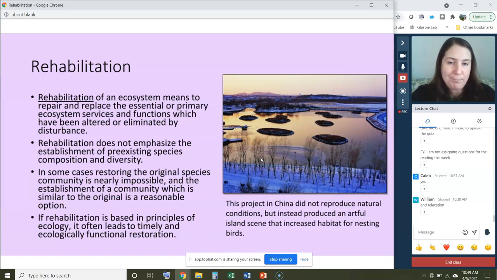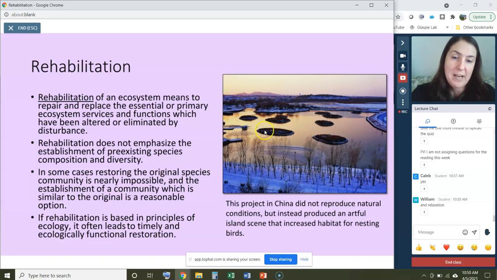So for instance, in this case, by building these islands, they have bird habitat that's built in maybe one season of construction in the spring. Whereas if they had waited around for a lot of this coastal area to kind of figure itself out after this restoration and become good bird habitat, figure out where the people were going to go, so the birds could figure out some quiet habitat to nest, that would take a lot longer to bring the birds back.